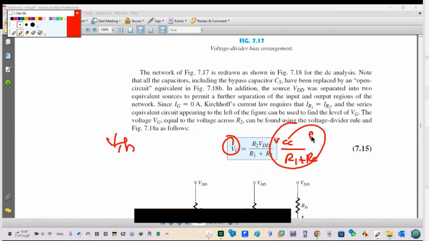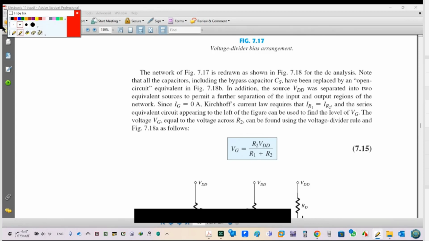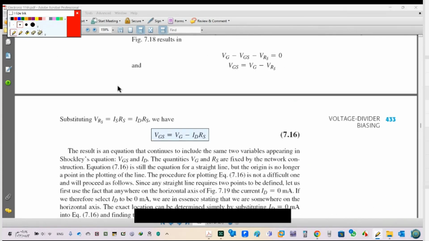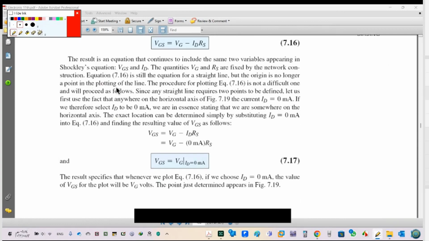So what we said for BJT is still correct here for voltage. VG here is R2 VDD over R1 plus R2. Then you have to calculate V Thevenin and calculate the values.